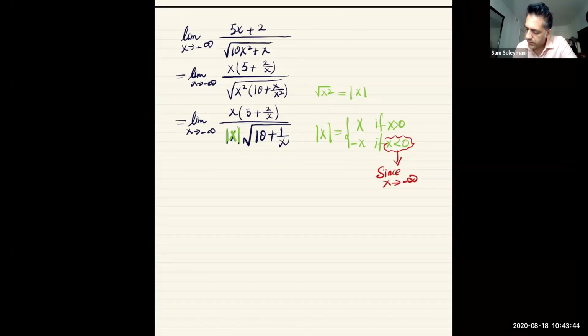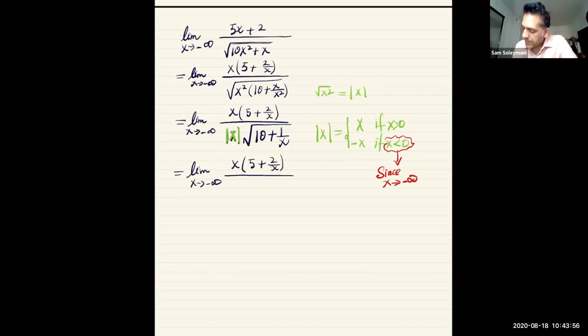Okay, so that becomes the limit as x goes to negative infinity of x times 5 plus 2 over x. Absolute value of x becomes negative x, as you just said, times the root of 10 plus 1 over x.